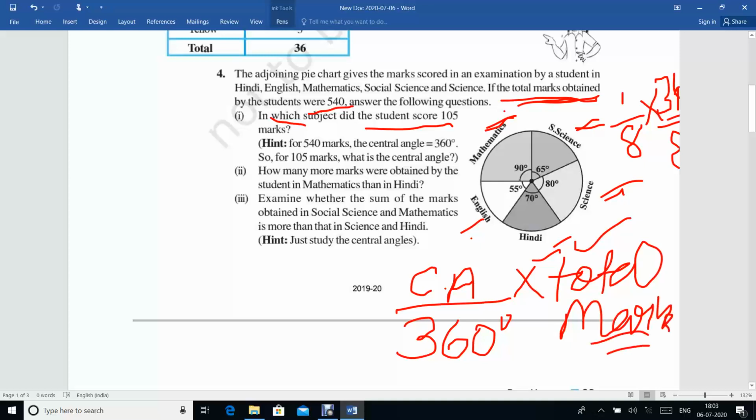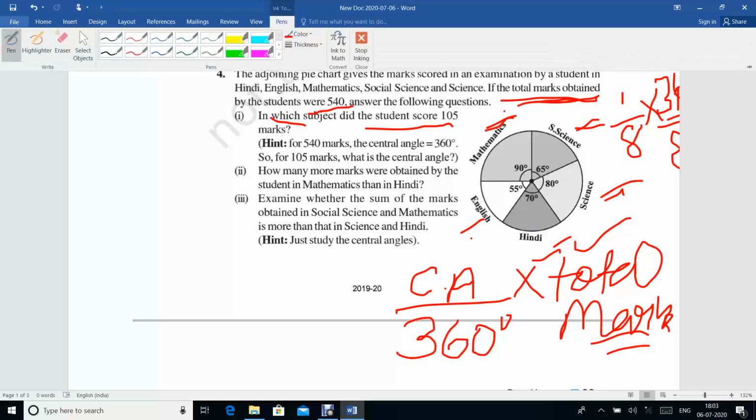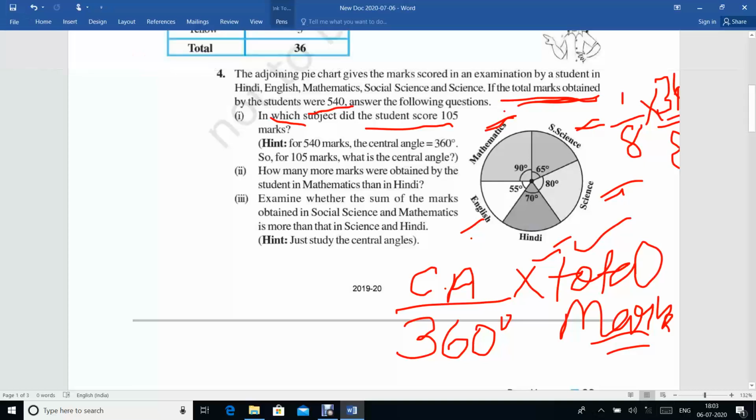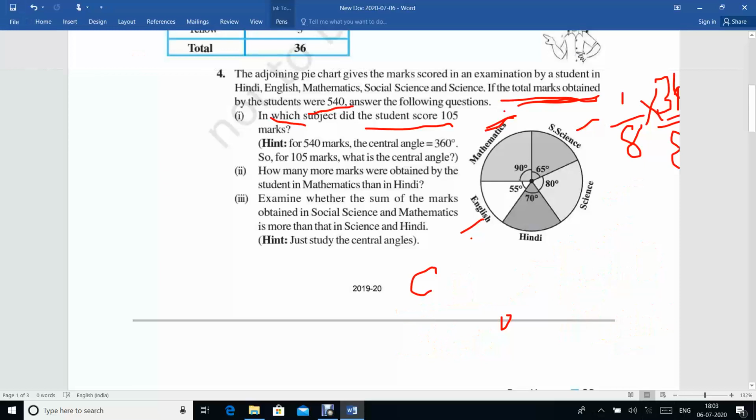Then you can find the marks in the particular subject. I hope all of you understand the question. Let us move towards the answer.